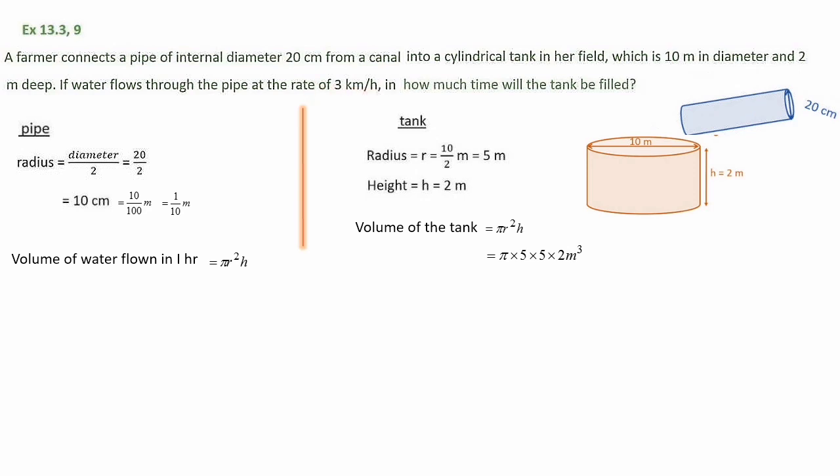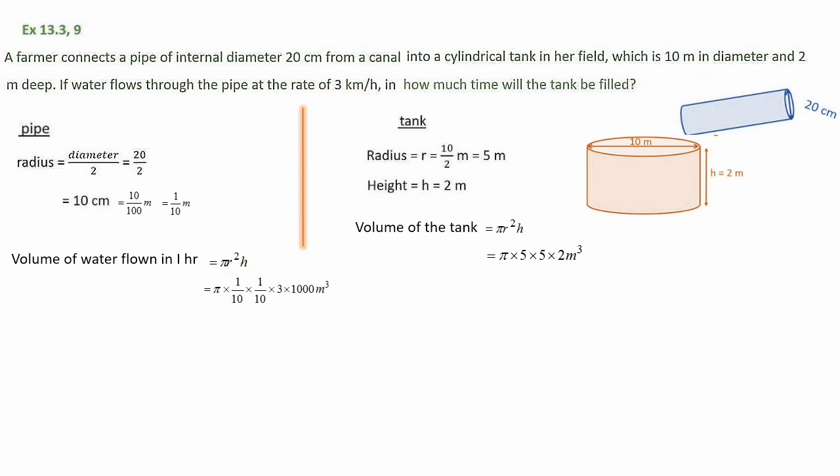So we will consider volume of water flown in 1 hour is equal to, since the water is flowing inside a cylindrical pipe, the shape of the water is also cylindrical. So the volume is pi r square h, and here height we can consider as the length. Length means here 3 km in 1 hour. Here we are going to calculate the volume of water flown in 1 hour. So in 1 hour 3 km it will flow. So this 3 km we can consider as h.